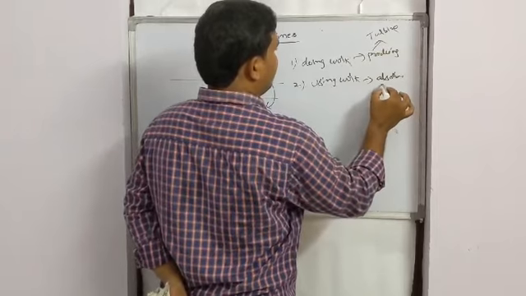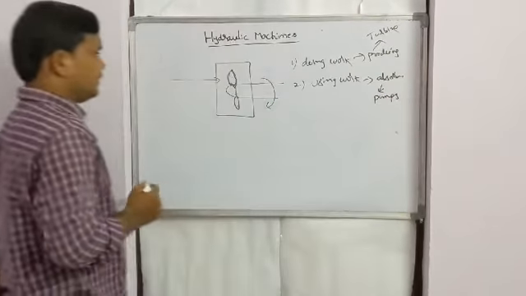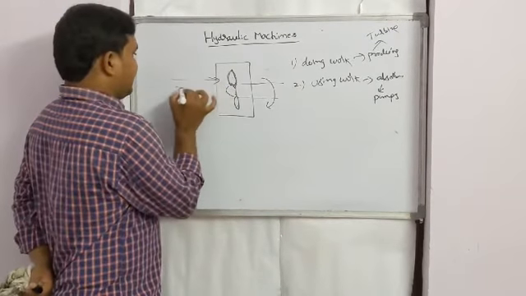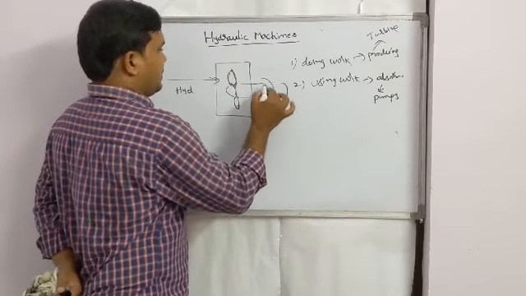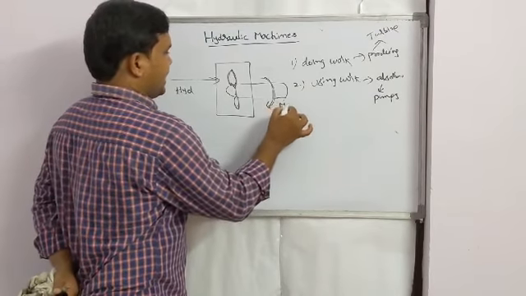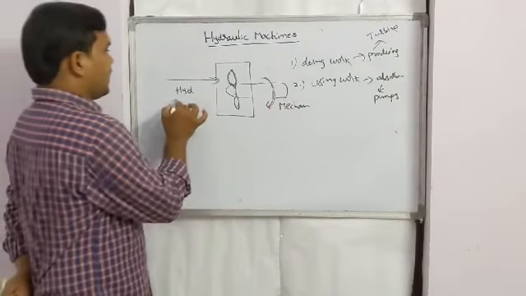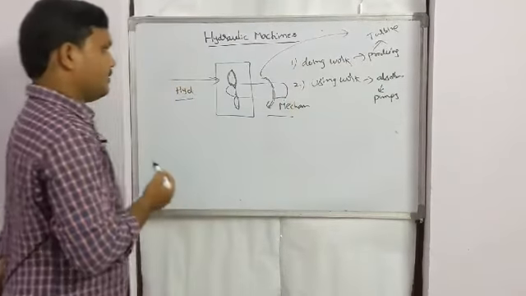Using or absorbing work is called a pump. Here the input energy is hydraulic energy, then the shaft is rotating, means we are extracting mechanical energy, the conversion of hydraulic energy to mechanical energy. The device is called a turbine.